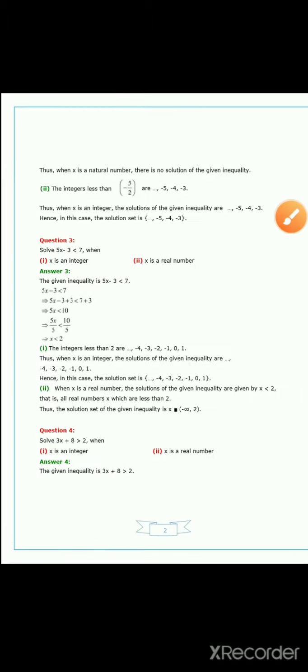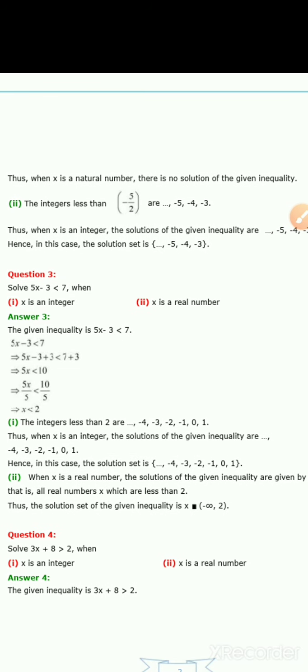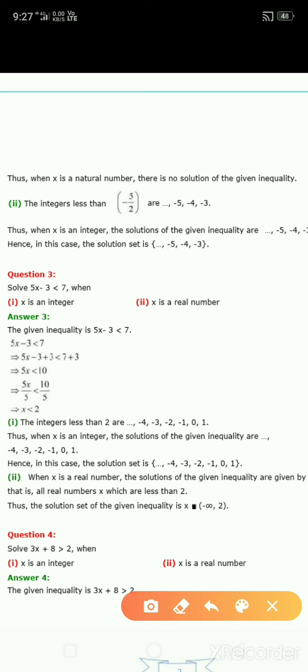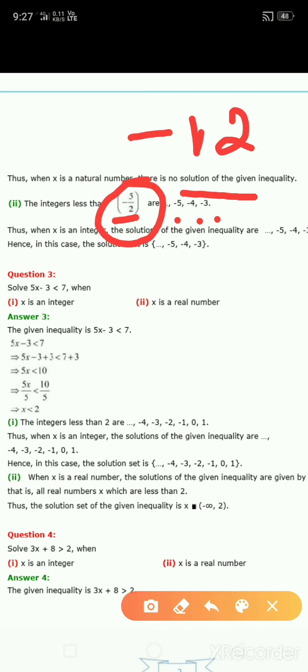So we can say there is no solution of the given inequality. For the integers, minus 3, the negative marks, you can't write 1, 2, 3, 4 because it is not positive, it is a negative value.